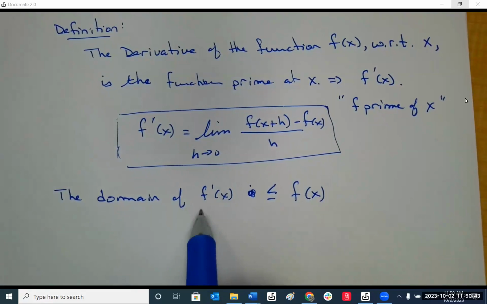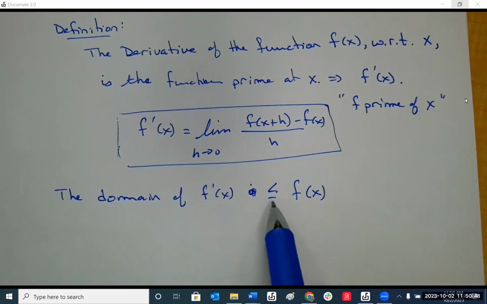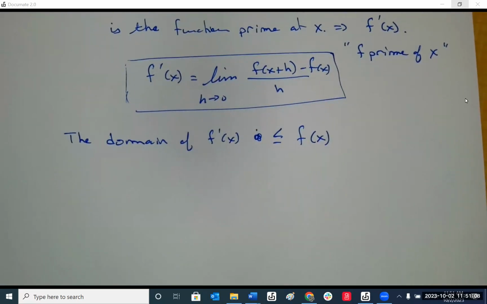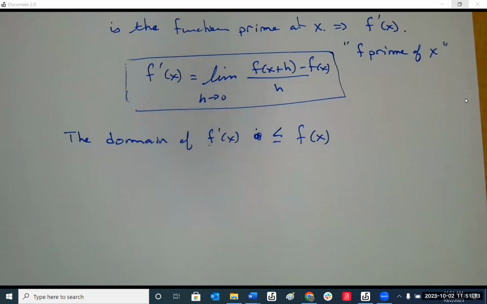All the x's that are possible in the domain are the same ones, or fewer, than in the original function. Why is this? Because every time we take a derivative, the function gets smaller and smaller. So each time the domain of the function is more restricted. The best thing it could be is all real numbers, then we get more and more restrictive.